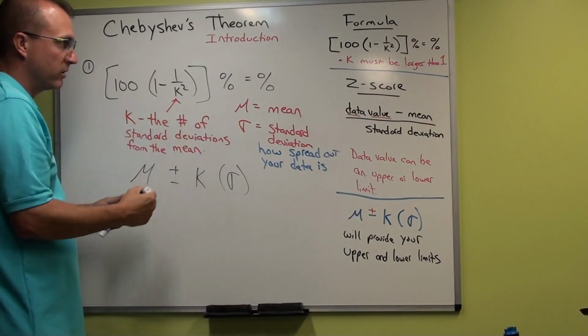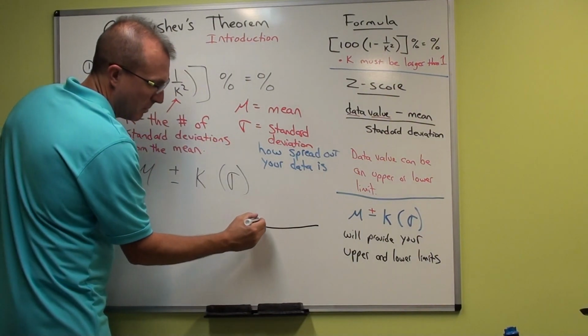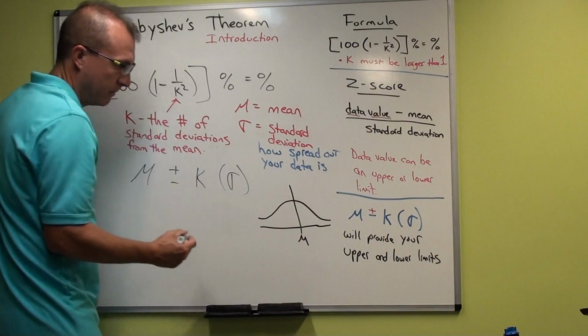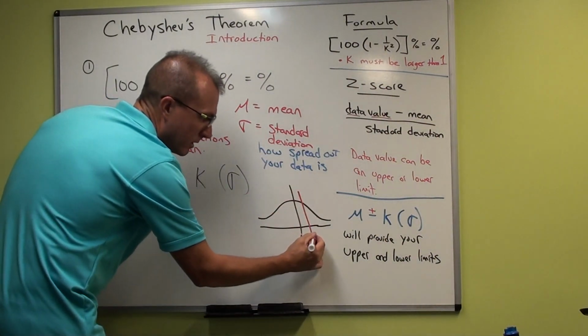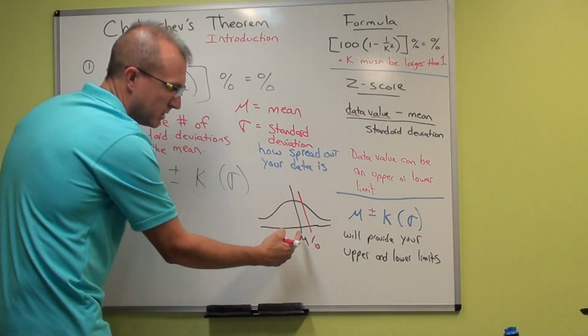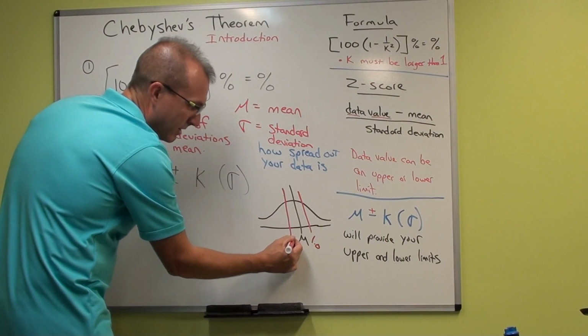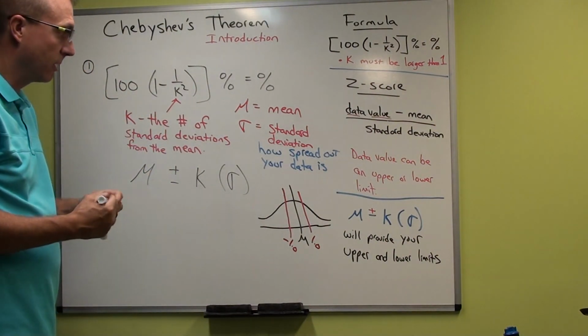So if you go back to our original bell curve and we put the mean here, we know that this is 1.0 standard deviations from the mean. This is negative 1.0 standard deviations from the mean. Okay?